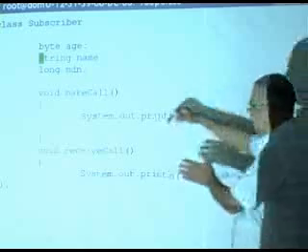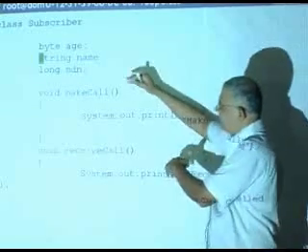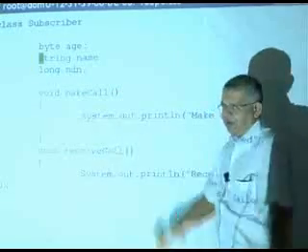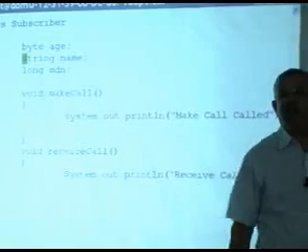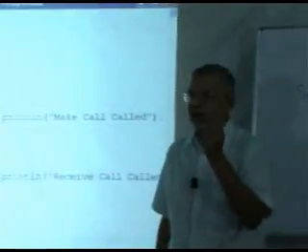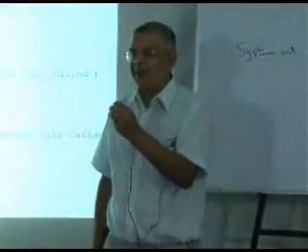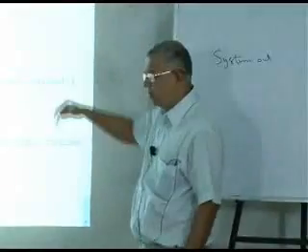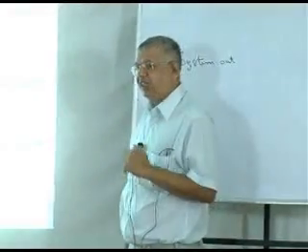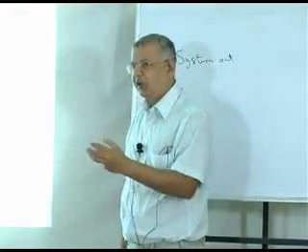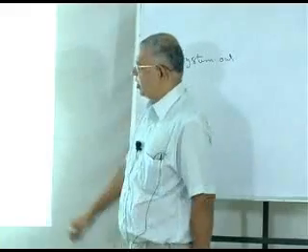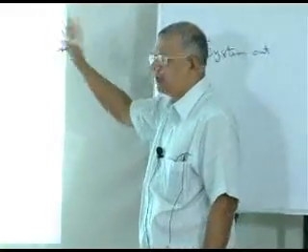There are two behaviors or methods in this Java class, called makeCall and receiveCall. In object orientation, every class consists of a state and behavior. Every non-executable class generally consists of a state and behavior, even an executable class. But there is a specific behavior which is expected from an executable class. We'll come to that. So basically we have a class Subscriber.